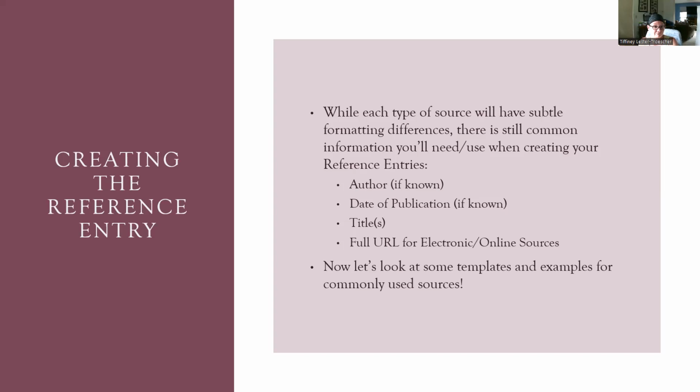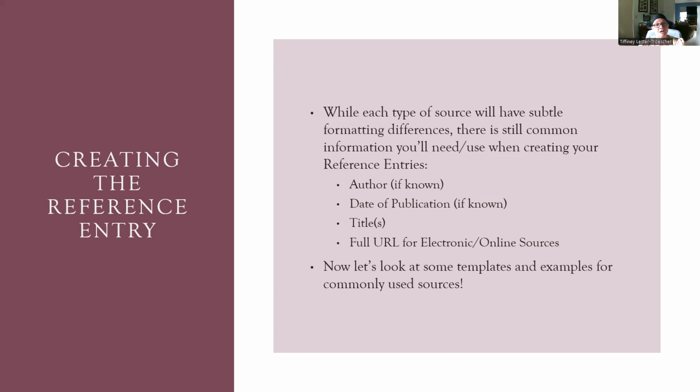You're going to need all that information for pretty much any type of source you're using. Now, how it gets put into a reference entry differs depending on the type of source. But this is general information that is required.